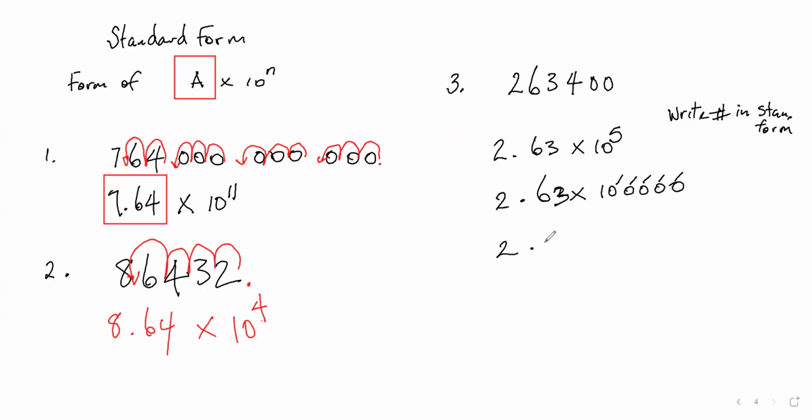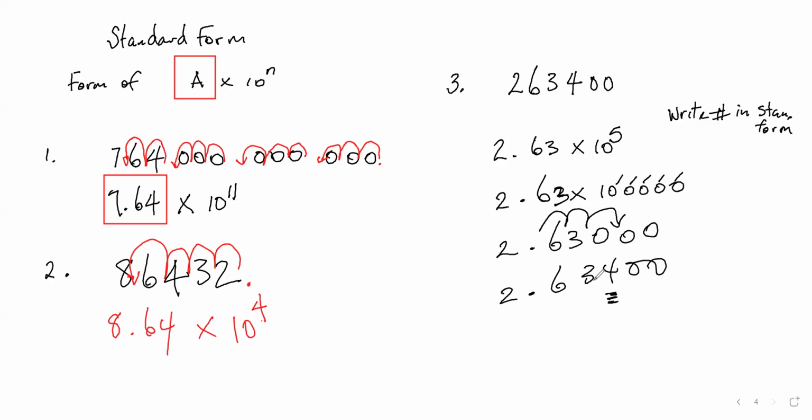So there's no 4. So 2.63 and 2.634, it doesn't change the value of the number that much, Gabriel. The value doesn't change that much.